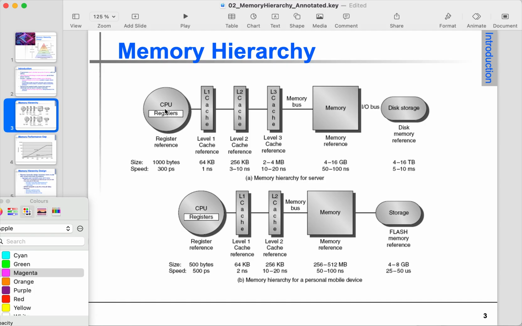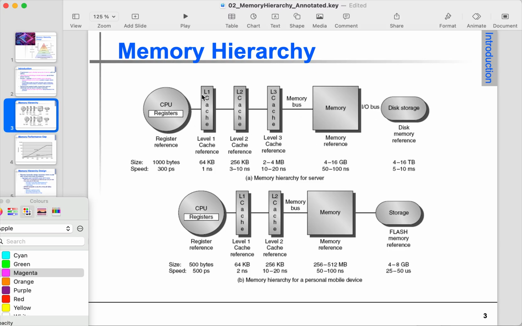The reason they're fast is because they are inside of the CPU. So the CPU, or processor, central processing unit, can easily access those memories at a high speed, as it does not need to go outside of itself onto a bus to look for the memories.